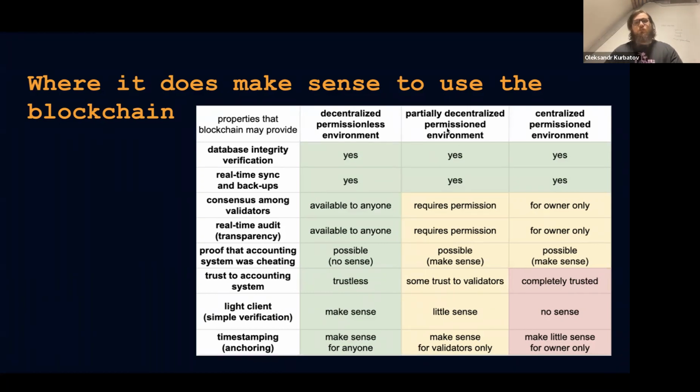In a partially decentralized environment, you should trust validators. So you should trust some list or some quorum of designated parties. But sometimes it's okay, because when you're using bank services, obviously you trust the owner of this bank.